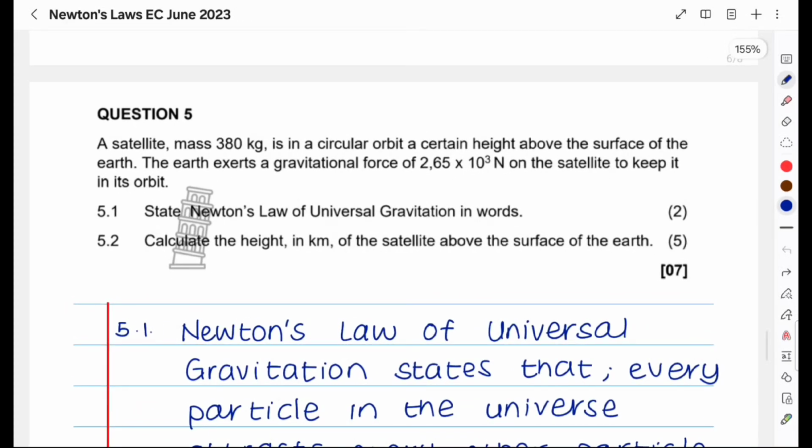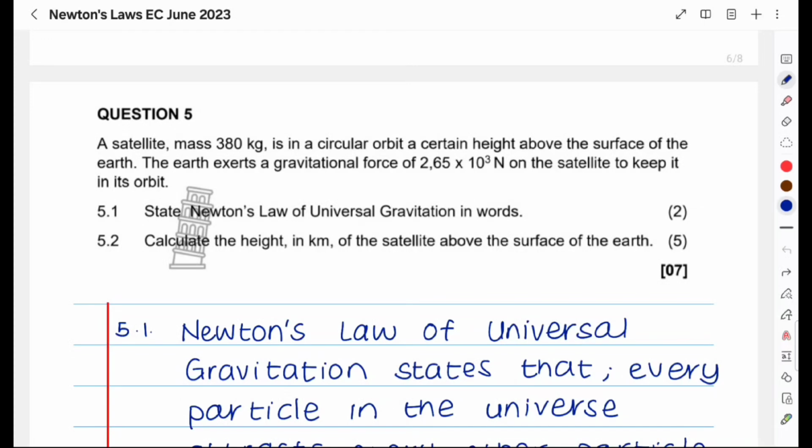Now, let's have a look at question 5.2. Question 5.2 states, calculate the height in kilometers of the satellite above the surface of the Earth. So in this question, they requested our answer be in kilometers. What we are going to do is calculate the value of R in meters and then convert our final answer to kilometers.